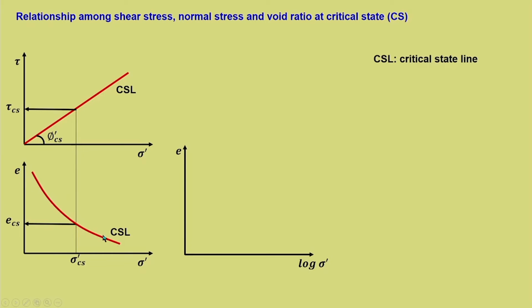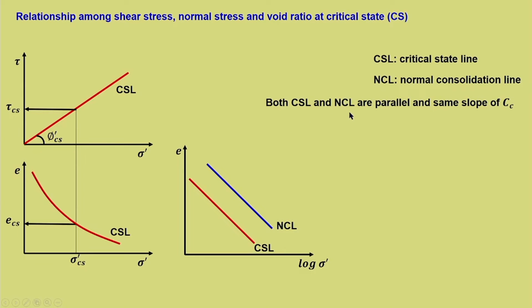Now if we plot e versus log sigma dash, this is on base 10, we have the critical state line which can be represented as a linear variation, and we can also represent the normally consolidated line, which represents the e and sigma dash variation of the normally consolidated state. NCL is known as the normal consolidation line. So, we are now introducing certain important terminologies for this framework.